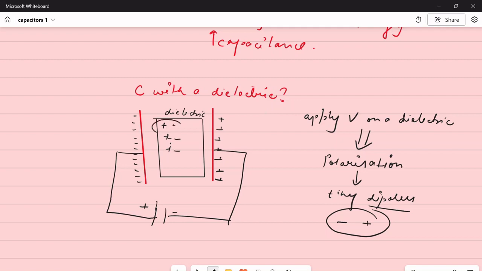So they are the tiny dipoles that are forming here. Positive, negative. And if you notice carefully, they are all perfectly aligned. That's the beauty of applying the voltage. They're in perfect alignment. If I would not apply the voltage, they would be in random directions. That will not serve us the purpose.